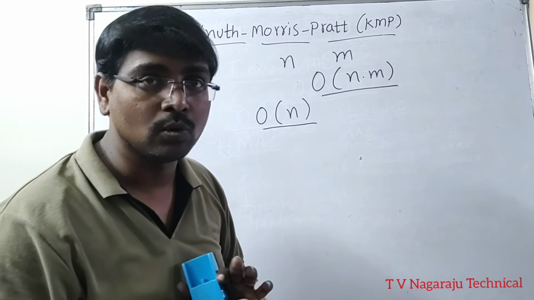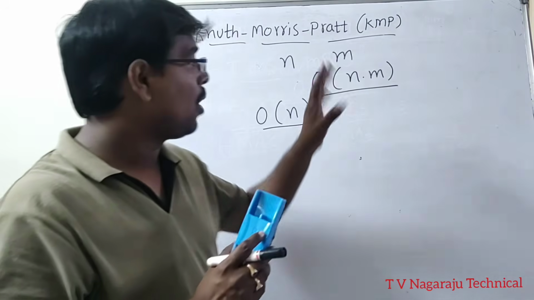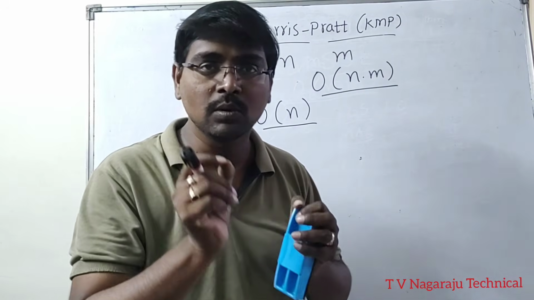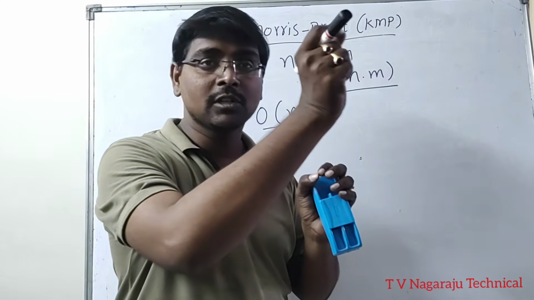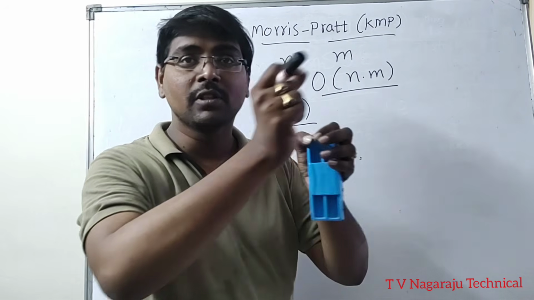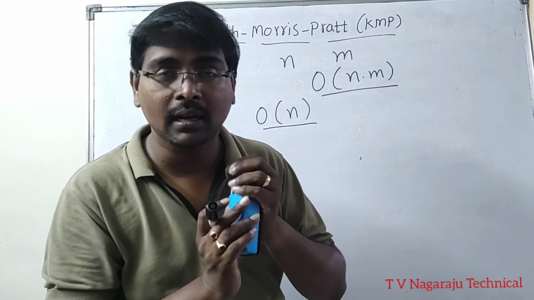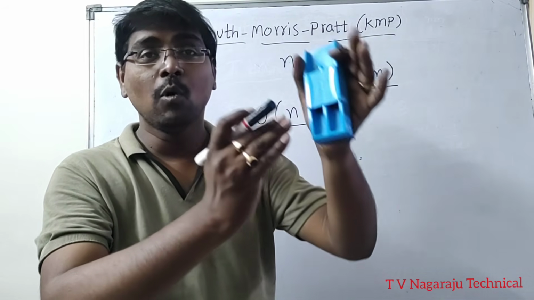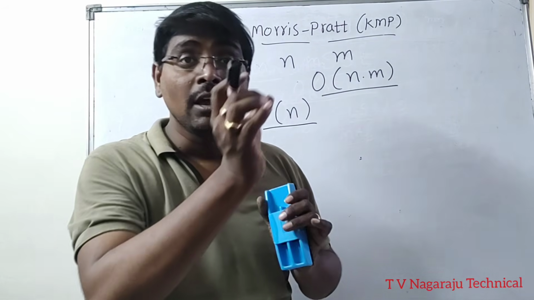Simply, how does the KMP algorithm work? It is a very easy algorithm. Compare the first character of the text with the first character of the pattern. If both are equal, move to the second one. If both are equal, move to the next one.